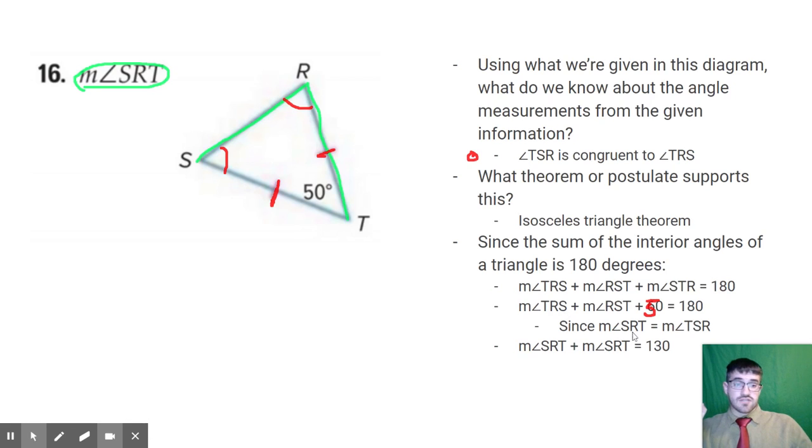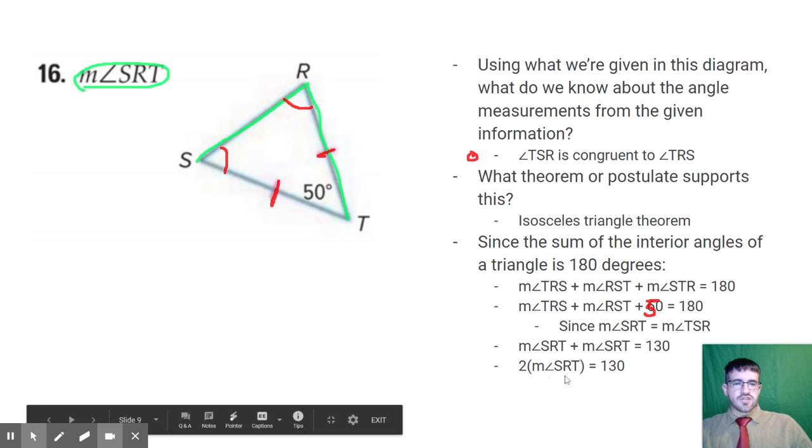Okay, I just wrote it backward. I started with TRS and wrote it as SRT down here. So these are RST, it's just in a different notation. Then 2 plus the measure of angle SRT equals 130, meaning the measure of angle SRT is 55 degrees.